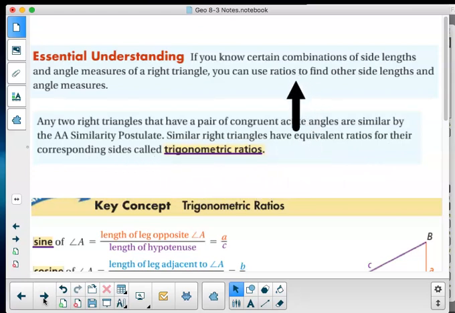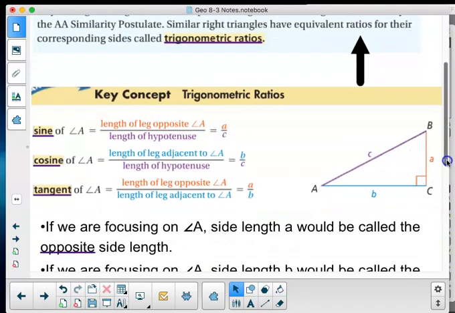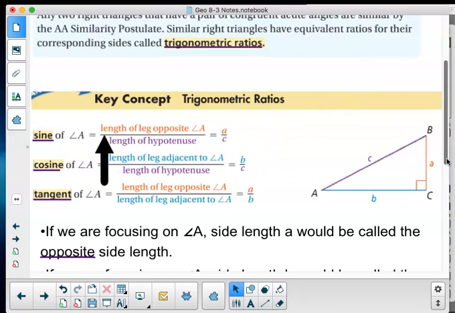Now the ratios we're going to be working with are sine, cosine, and tangent. And we have a relationship here of what those ratios are. This is the name of the ratio, the sine ratio of angle A. So if I go over here and talk about angle A, its sine ratio is the length of the leg opposite angle A. So I have to know what is opposite to angle A. So this is opposite A. And the letter associated with opposite of the large angle letter is a small a.